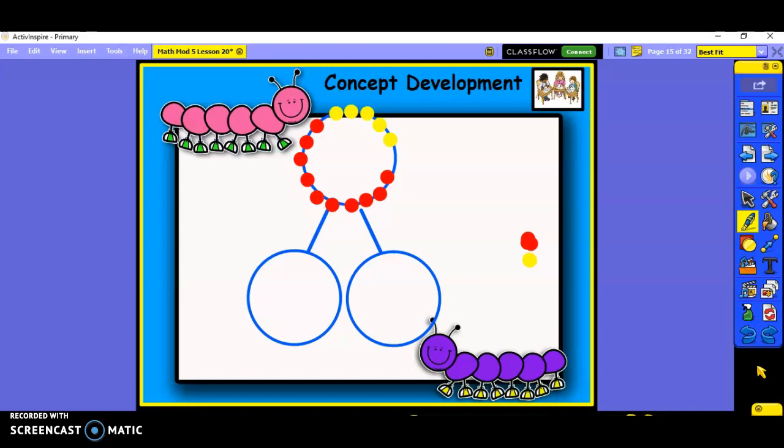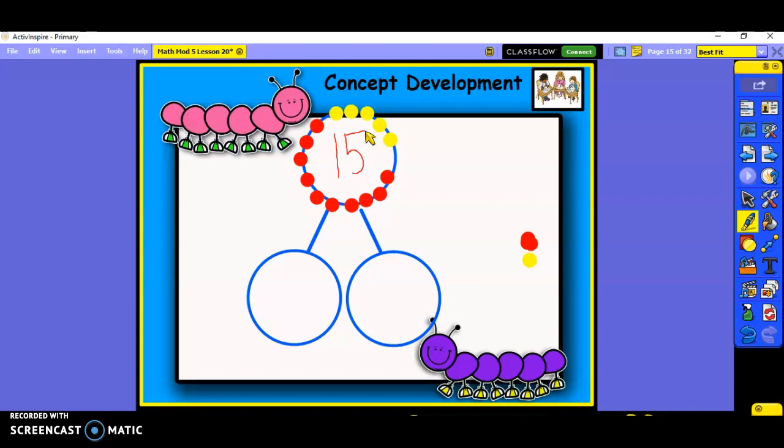Let's count together. 1, 2, 3, 4, 5, 6, 7, 8, 9, 10, 11, 12, 13, 14, 15. Miss Nakian counted 15 dots in all. 15 is my whole.